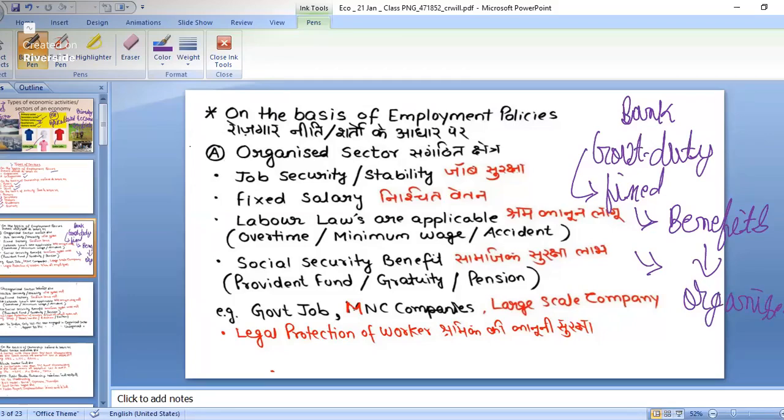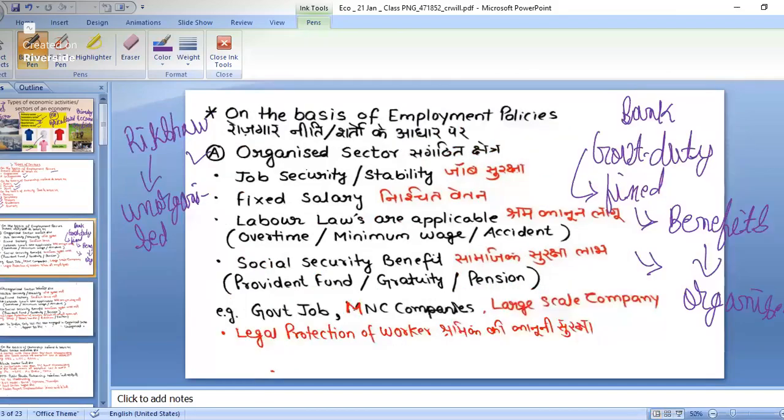Whereas rickshaw pullers and laborers don't have any time limit, and their salary is not fixed. These types of jobs come under the unorganized sector. So on the basis of employment policies, we have two types of sector: organized and unorganized.